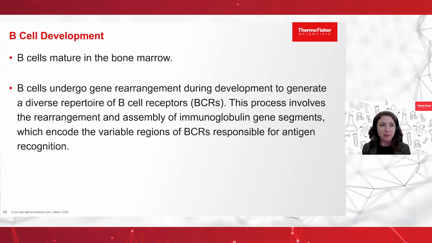Now, a B cell receptor is also an antibody, but it's membrane bound. And so until the B cell is activated to turn into a plasma cell and start secreting antibodies of the same specificity, the BCR acts as the initial antibody.